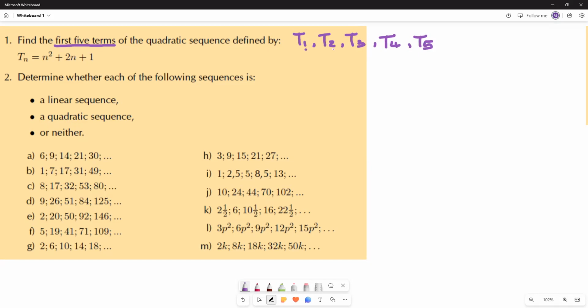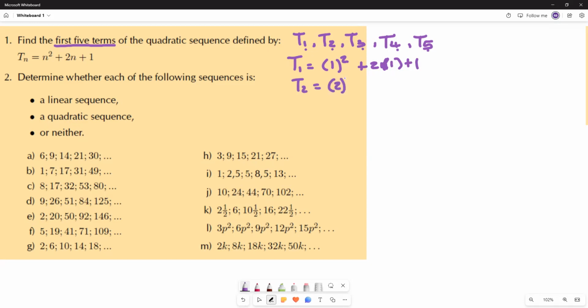And you're just going to take these numbers and substitute on the formula, right? So the first one will be T1. T1 is going to be (1) squared plus 2(1) plus 1. Then you do the same for T2.